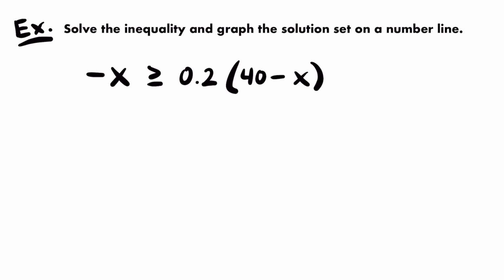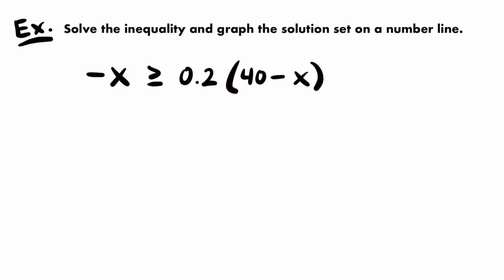The first thing that you want to do in any inequality that involves parentheses is get rid of those parentheses, okay? It's going to make it much easier for you to solve for the variable if there are no parentheses in that inequality, okay? And so to do that, we most likely want to distribute 0.2 through this quantity. We want to multiply 0.2 by 40 and multiply it by negative x.